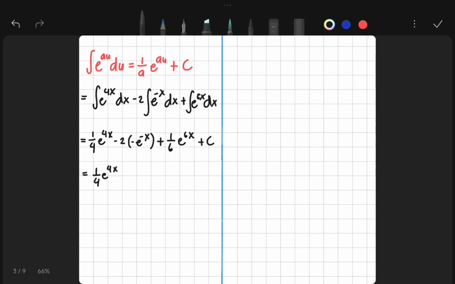Negative 2 times negative 1 will become positive. Actually, you can also simplify this by making the e raised to negative x a positive exponent, so we can put that into the denominator. So this becomes 2 e raised to positive x, plus 1/6 e raised to 6x, and then plus c. So this is going to be our final answer.